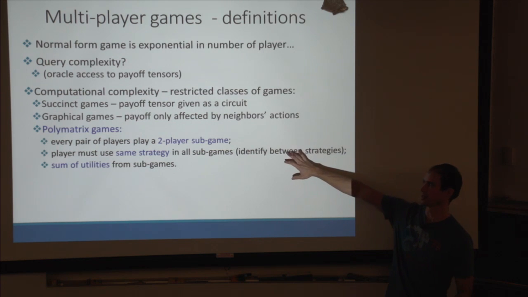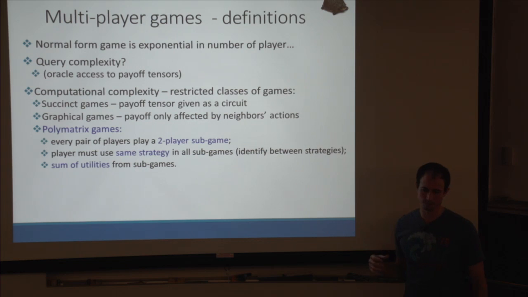And again, if I have this polymatrix property, then I have an n squared representation. I just need to represent all the games for all the pairs, and it will be the dimension of the two-player game, the number of strategies in the two-player game.